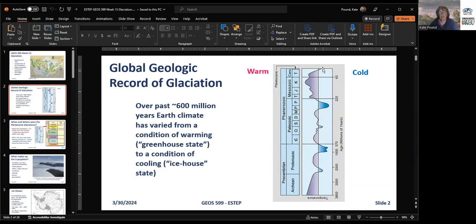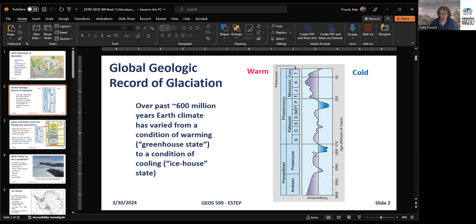So yes, we are in a cooler period, relatively speaking now, but that is what we and life as we know it has adapted to or has developed based on our current conditions.